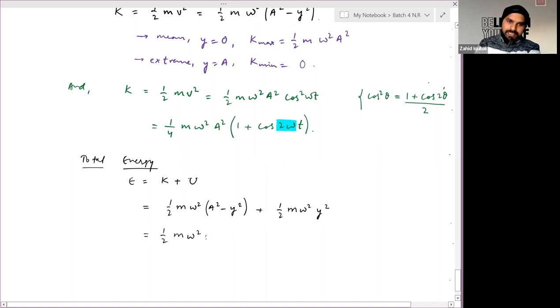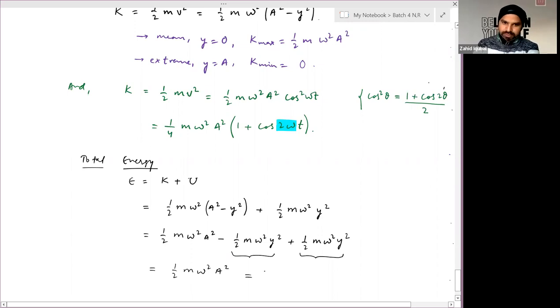half m omega square a square minus half m omega square y square plus half m omega square y square. This part and this part are same but in opposite sign, so they will cancel out. So you're left with just half m omega square a square.